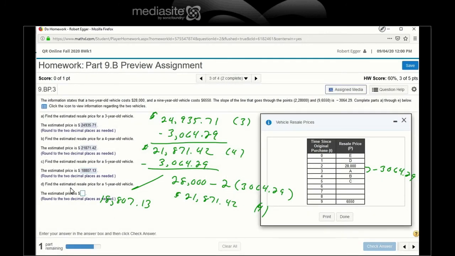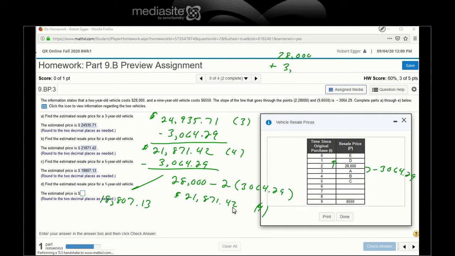And estimate the resale value of a 1-year-old vehicle. So now we're going this way. From the 28,000, let's add back 1 year's worth of decreased value.